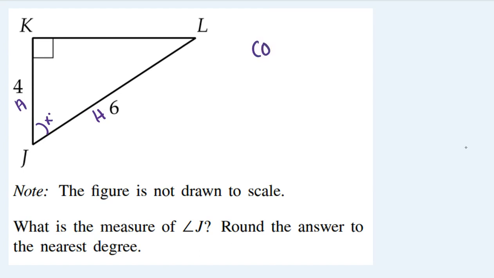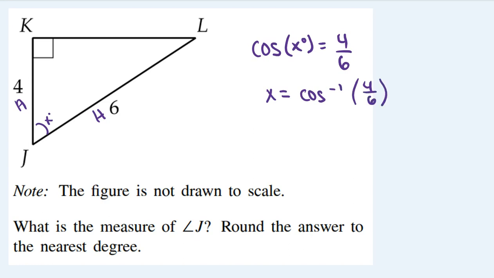So I'd have cosine of the angle equals adjacent, which is 4, divided by the hypotenuse, which is 6. Anytime you're trying to solve for an angle in trigonometry, you use the inverse. So we'd say x equals cosine inverse of 4 over 6. Again, your calculator needs to be in degree mode, and you should get about 48 degrees.